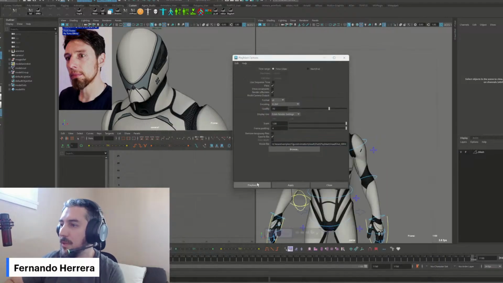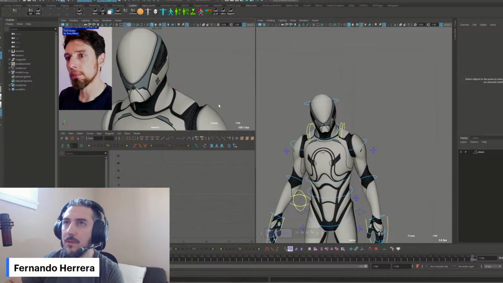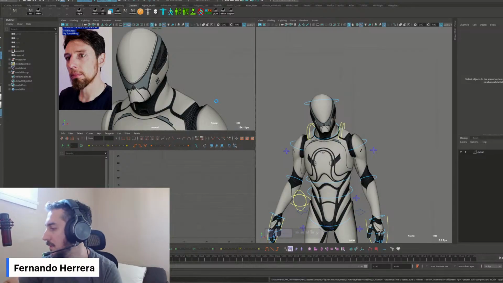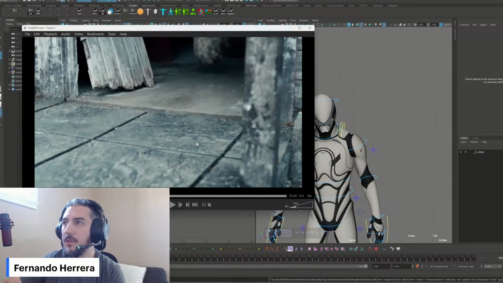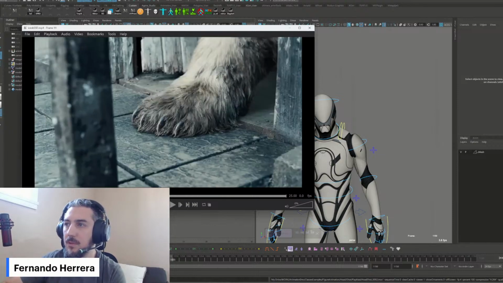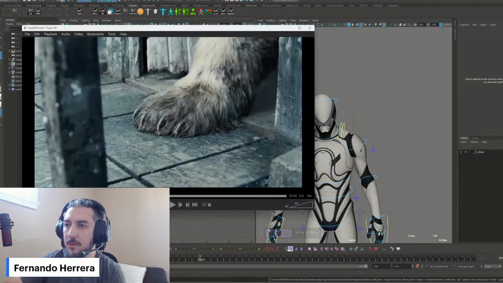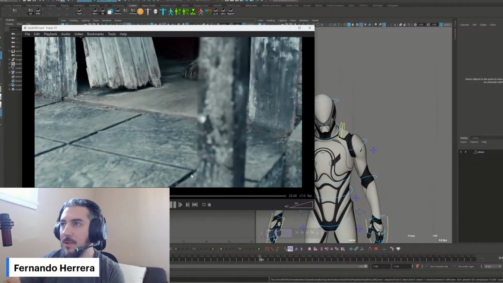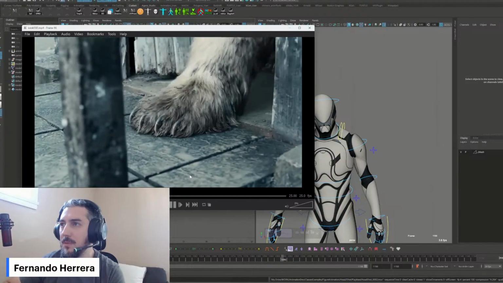Let me just play this first, so it's better. So yeah, this shot here. It was the feet, the paws of the bear. And it was the first time I was animating a bear, and the first time I was animating a paw.